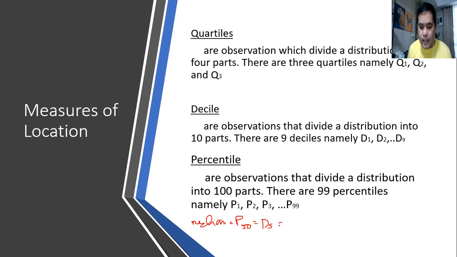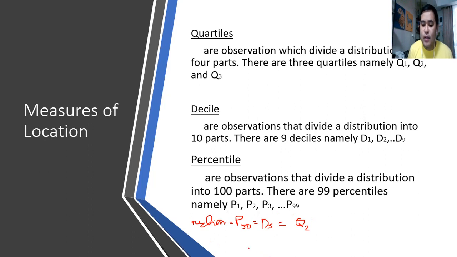Or decile 5 is equal to quartile 2. So P50 means D sub 5, and this is the median. And we usually divide the distribution by 2, or by the 50%. Okay, so that is basically the same.